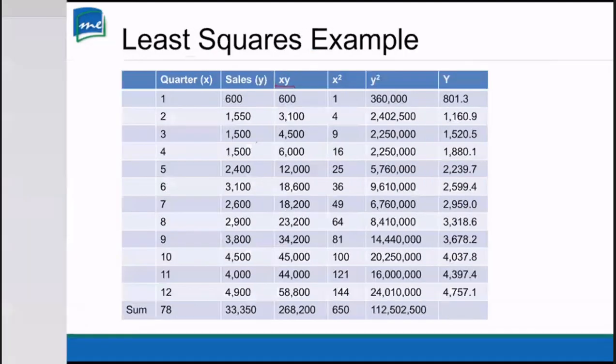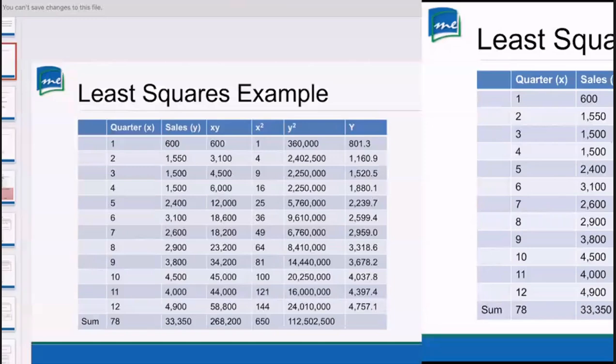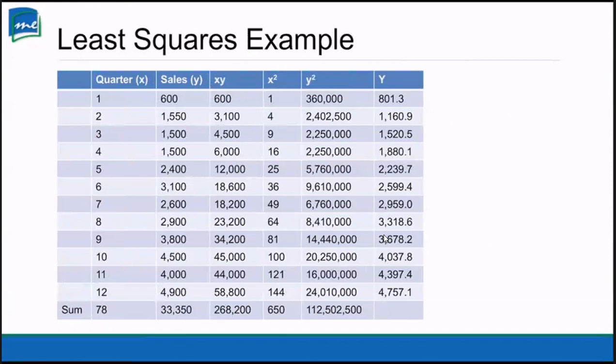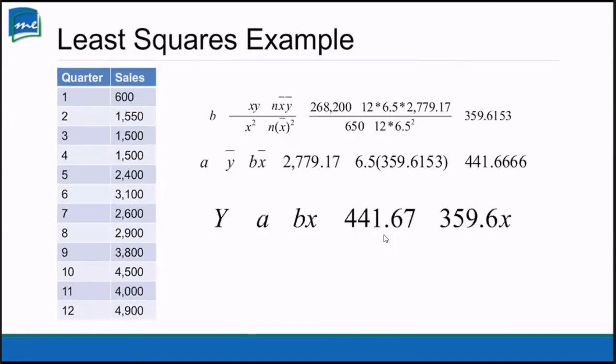Going back to the formula, for b0 we need the sum of y and the sum of x, and for b1 we need the sum of x times y and the sum of x squared, and so on. So we need to calculate all the numbers according to the formula, and then we will be able to obtain b0.